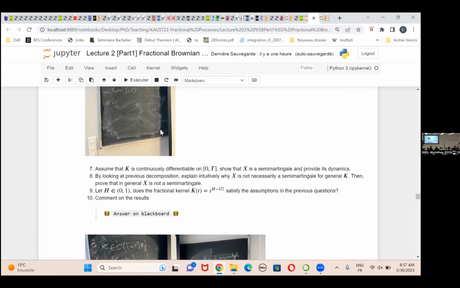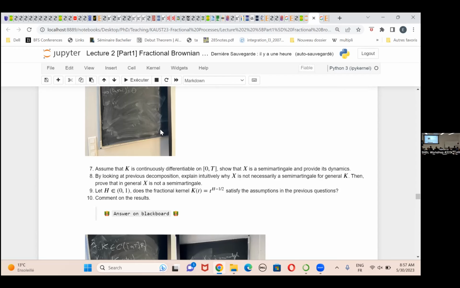It means that you expect the quadratic variation of X to be infinite, and a semi-martingale cannot have infinite quadratic variation. This is usually the argument: for H less than 1/2, you prove that fractional Brownian motion has infinite quadratic variation, and thus it cannot be a semi-martingale.